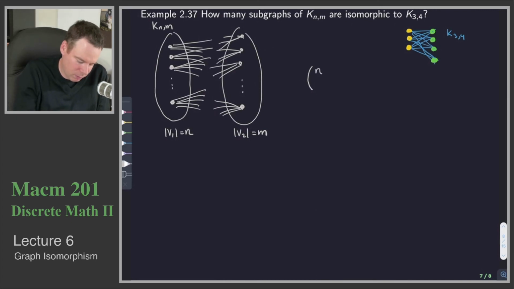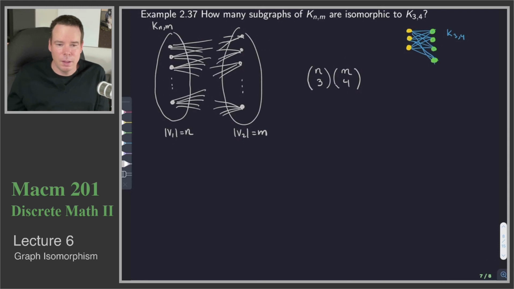So I'll pick from n, 3 of them to be yellow, and then from the other side, the m side with m vertices, I'll pick 4 of those to be green. And then each of these selections corresponds to a subgraph of type K34.